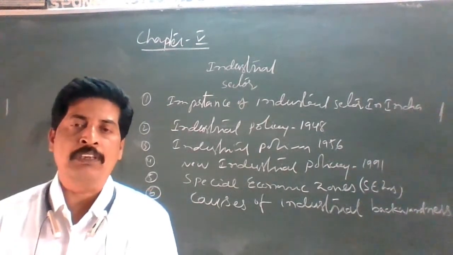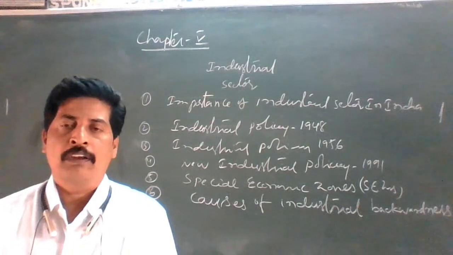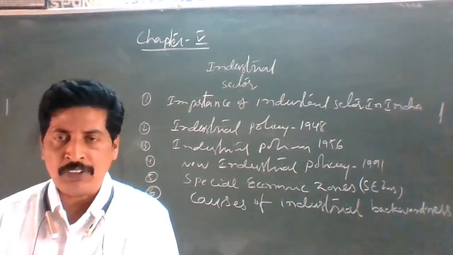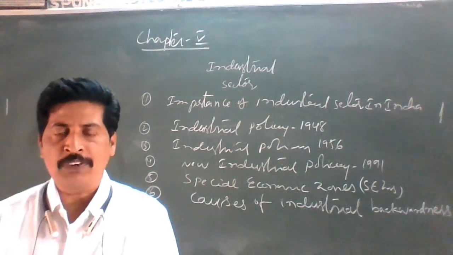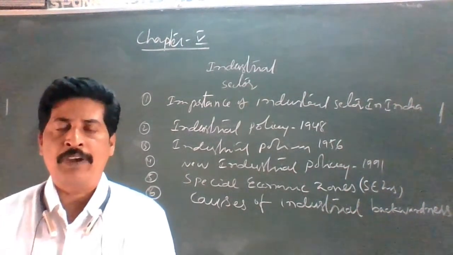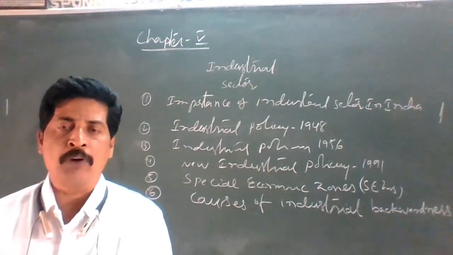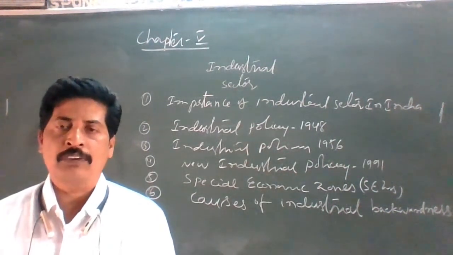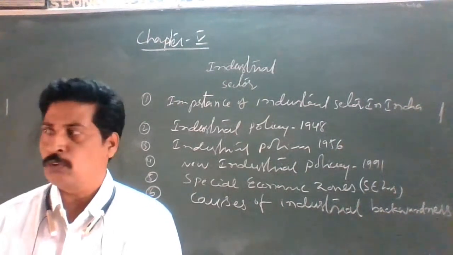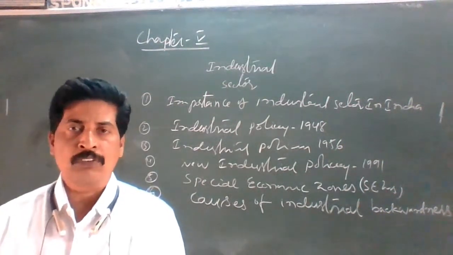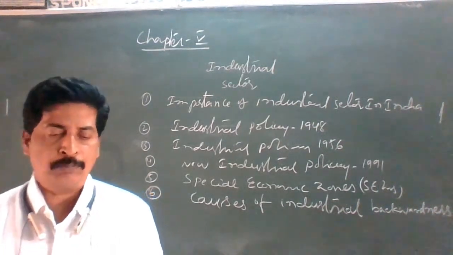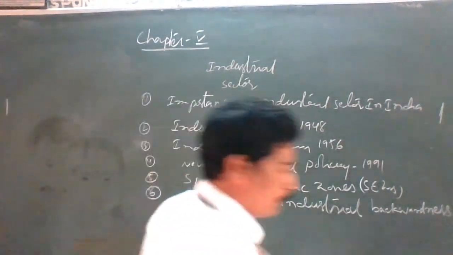What for MSME? What are the merits of MSME? What are the demerits of MSME? Finally, the last important 5 marks question, that is industrial estates. If those two topics are finished, this fifth chapter is going to be complete.